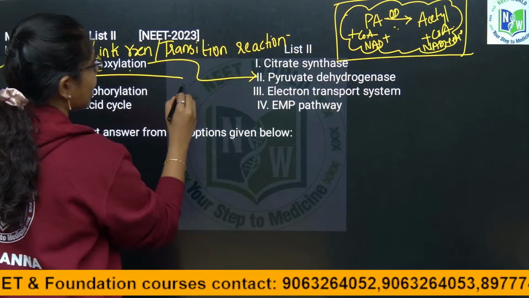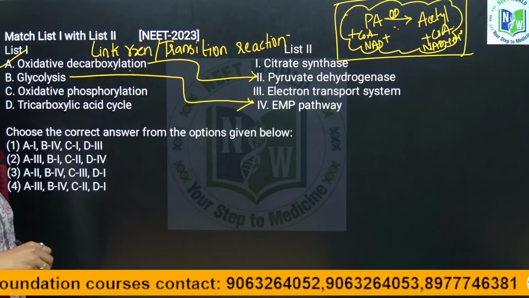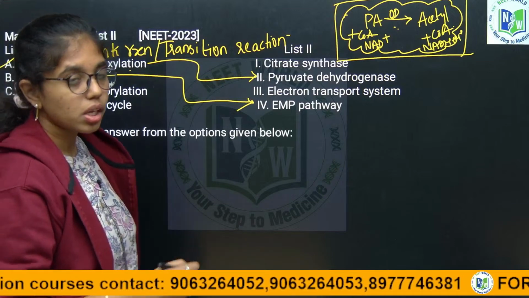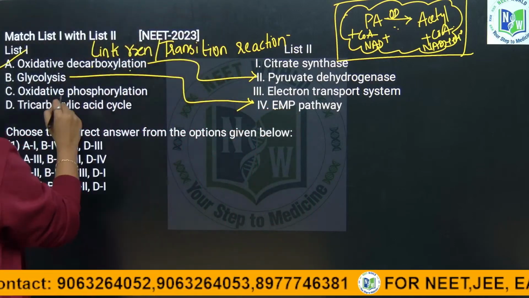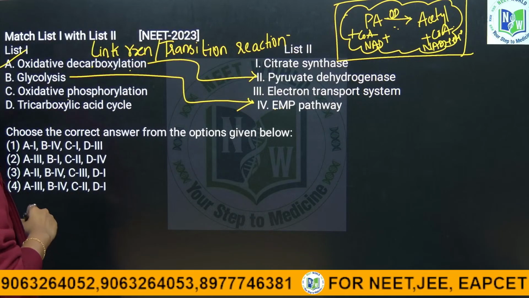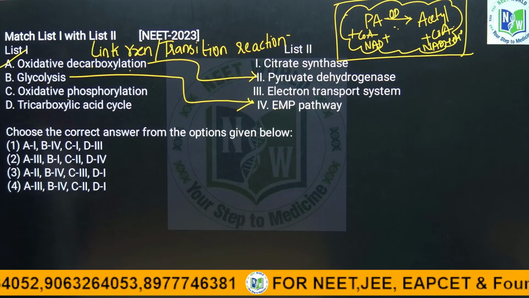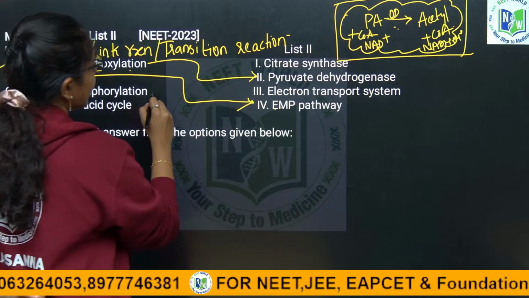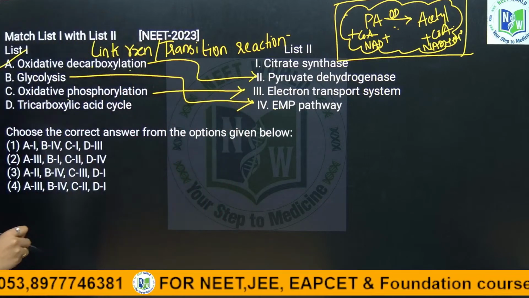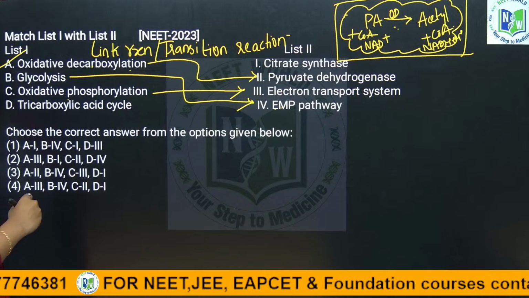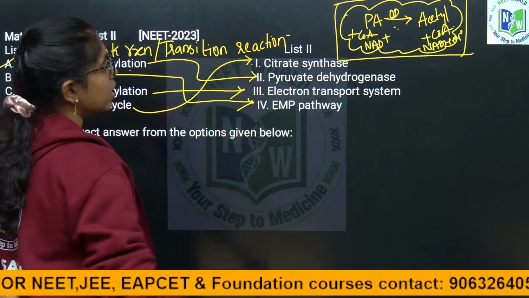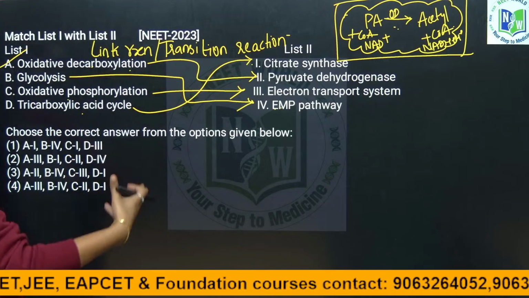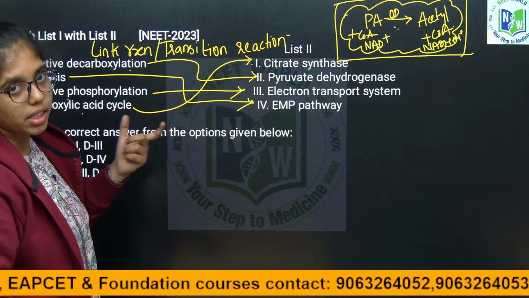Glycolysis is also called the EMP pathway, named after the scientists Emden, Meyerhof and Parnas. Then oxidative phosphorylation is nothing but ETS, the electron transport system, which is done in the inner mitochondrial membrane. The TCA cycle involves the enzyme citrate synthase, the very first enzyme.